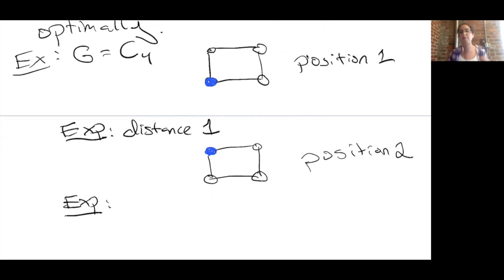You'll notice that from that top left corner, there's only 1 vertex of distance 2 from it. It's the one in the bottom right. So if the explorer declares distance 2, then what do we get? The director says, well, there's only 1 place I can put you, so I'll just do that. I have no choice. All right, so that's going to be the 3rd position.